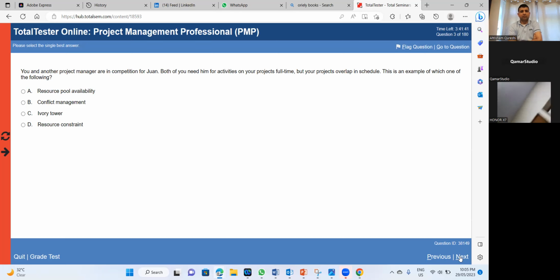Okay. You and another project manager are in competition for John. Both of you need him for activities on your project full time, but your projects overlap in schedule. This is an example of which one of the following: resource pool availability, conflict management, every tower, resource constraint?